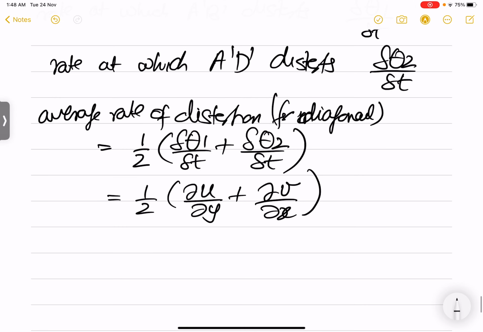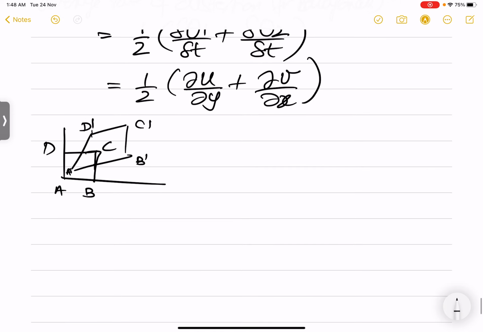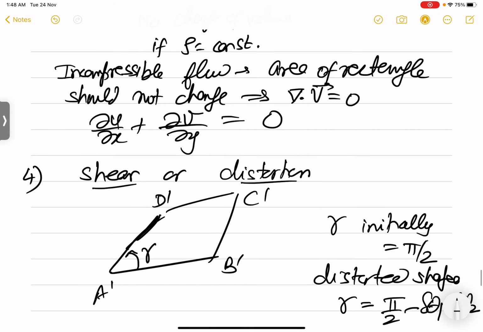So we started from a rectangular element like this, A, B, C, D, and this reaches its new location, A prime, B prime, C prime, D prime, and we can treat it as a sum of all these four things.